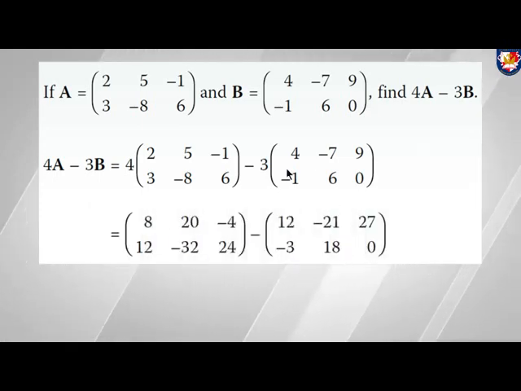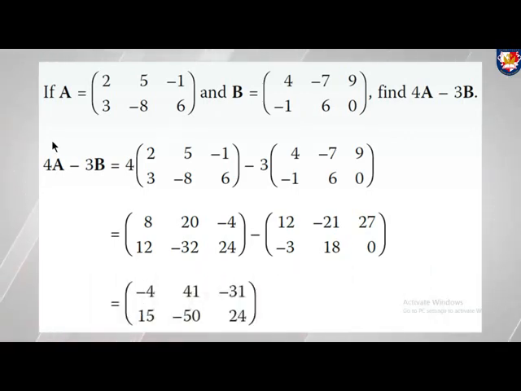So find this matrix and then subtract it with this matrix. You'll find that 4A minus 3B equals -4, 41, -31, 15, -50, 24.